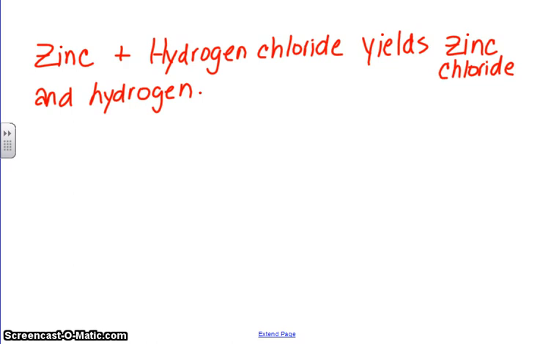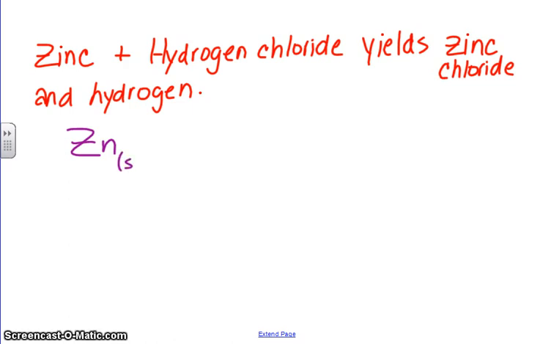Write out our correctly balanced formulas. So zinc would be Zn. And what state of matter do you suspect zinc would be?